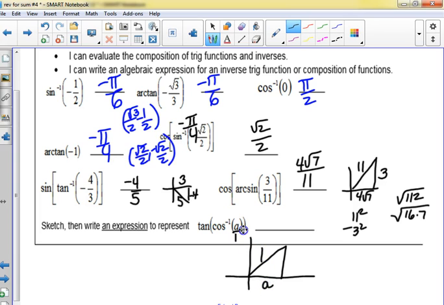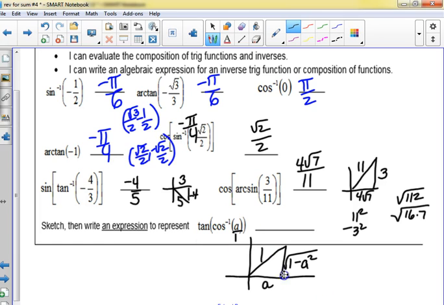You might get a fraction on the quiz tomorrow, but if it had this, it would be A over 1. Now, how do I find this side? Here we did 11 squared minus 3 squared, right? So this is going to be 1 squared, which is 1, minus A squared, square rooted, and you can't simplify.